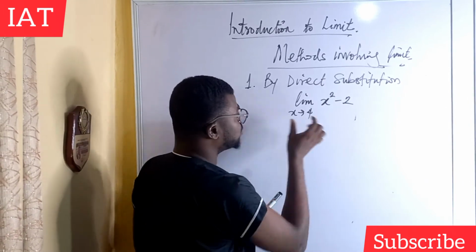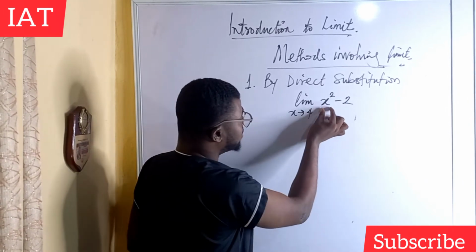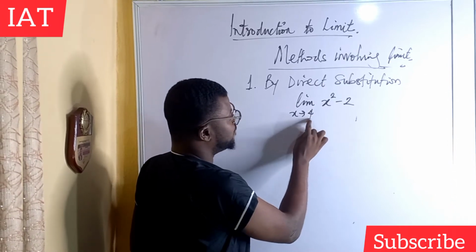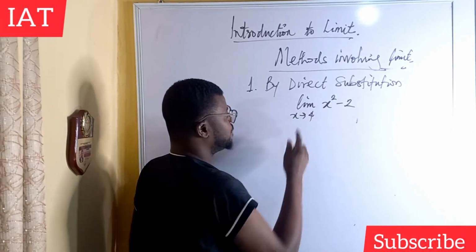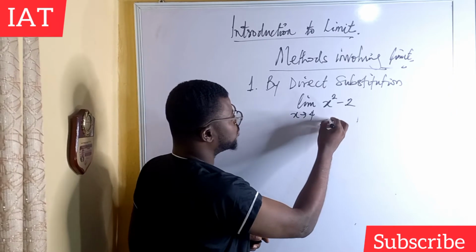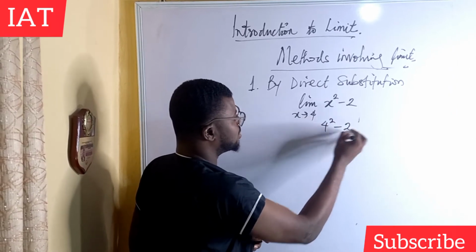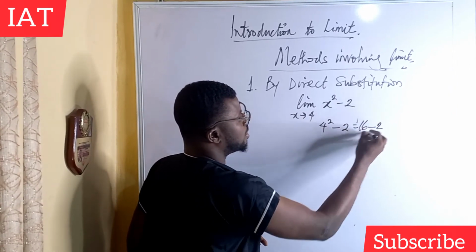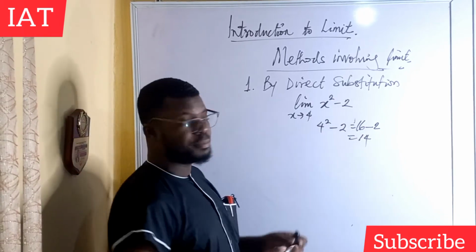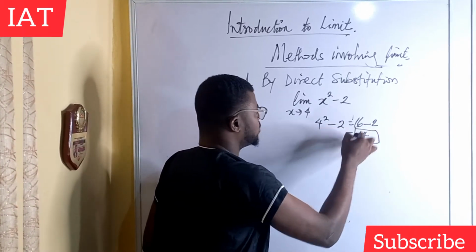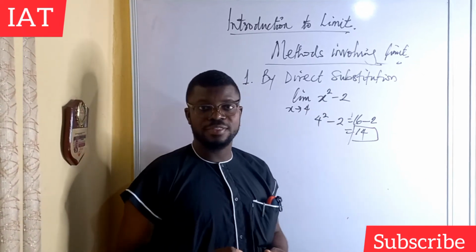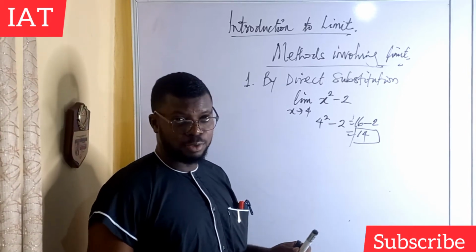By direct substitution, wherever you see x, you replace it with 4. So at this point, I will say 4 squared minus 2, and this is 16 minus 2, and the result there is 14. So this is the method, and this is the answer to this problem. That is how simple it could be.